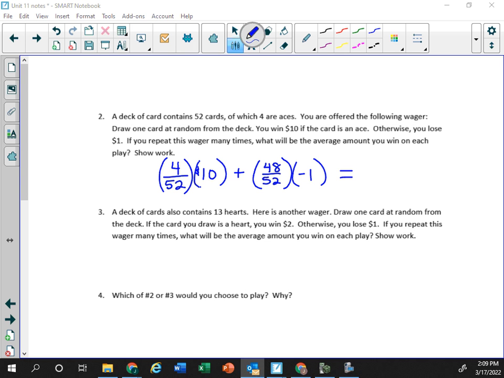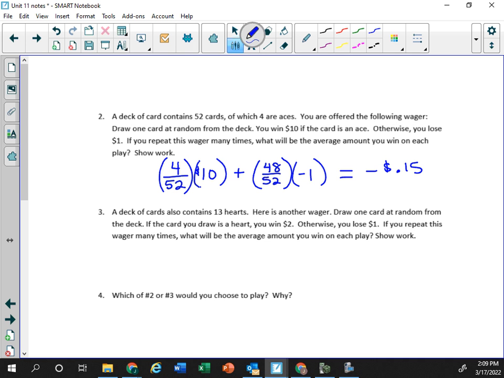I got negative 0.154. Okay, so we're gonna say negative 15 cents. Yep. Negative. That's a really weird way to write that, but yeah. So if you play this a bunch, you can expect to lose 15 cents every time you play.